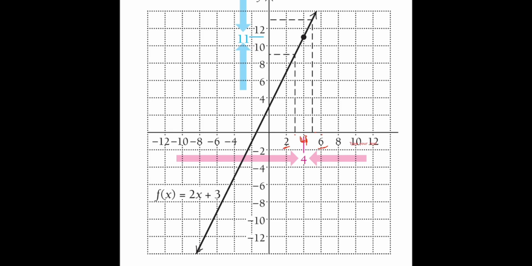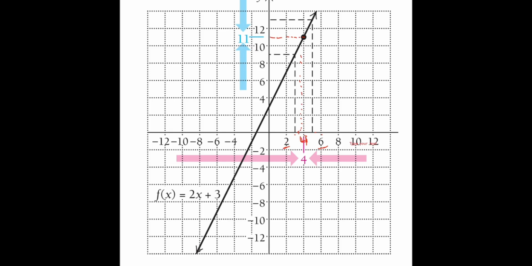So we find the limit from both ends. From the left side of 4, as the value of x approaches 4, we can see that the function value, which is y, approaches 11. Let's also come to the right of 4.